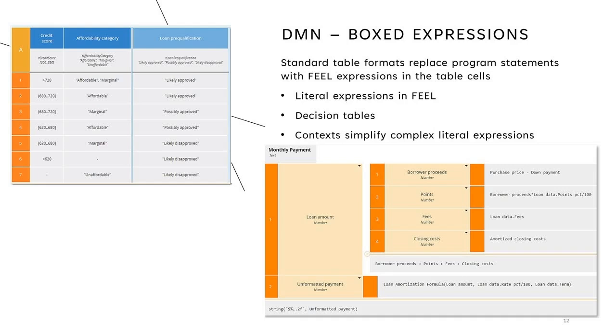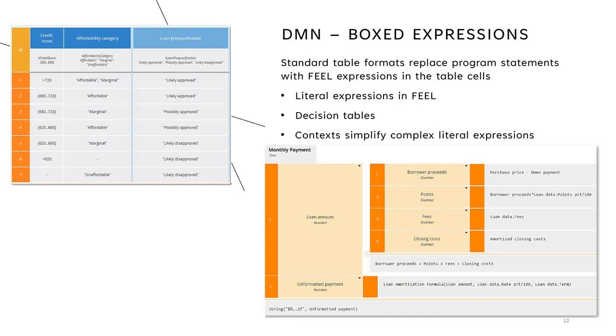Note here that the value expression of a context entry, such as loan amount, can itself be a context or some other boxed expression. The expressions in each context entry, these cells in the gray parts of the diagram here, the expressions in the gray area use a low-code expression language called FEEL.